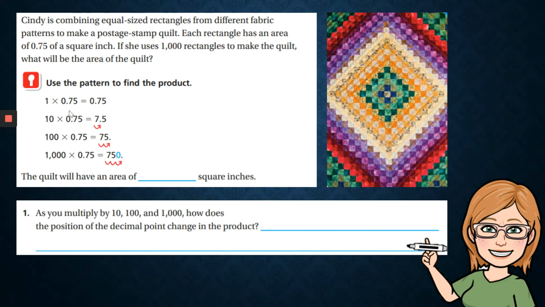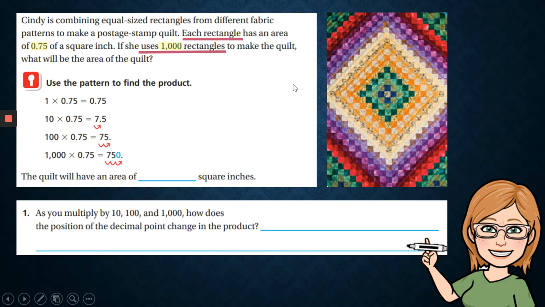So from 75 hundredths, it becomes 7 and 5/10. 100 times 75 hundredths becomes 75. And 1,000 times 75 hundredths becomes 750 hundredths, or 750, not 7,500. That would be the incorrect words.